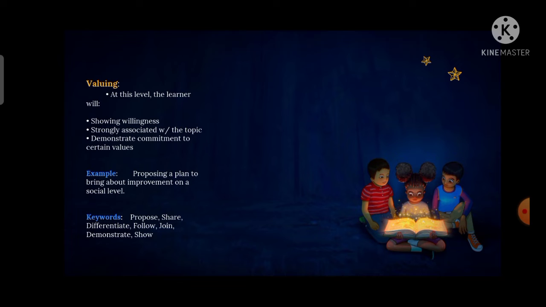The person is willing to go out of his or her way, associate value to the topic, and build upon it. They are willing to take it to the next level. And the keywords used here are propose, share, differentiate, follow, join, demonstrate, and show.